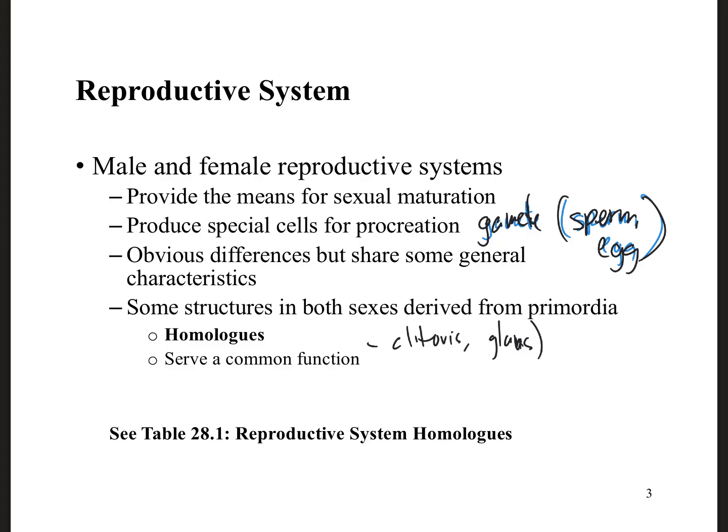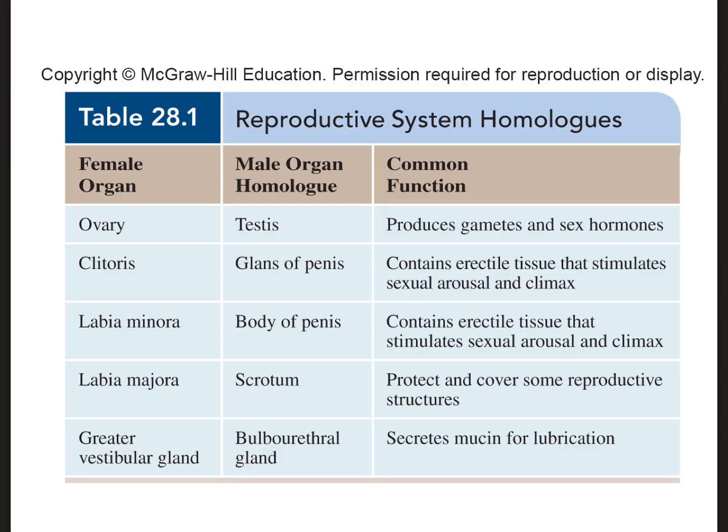Table 28.1, this one right here, gives you your homologs. The ovary and the testes are the gonads. They produce the gametes. The clitoris and the glans of the penis. The labia minora and the body of the penis, the labia majora and the scrotum. There are areas of skin that help to contain erectile tissue, etc. They have common, similar functions.